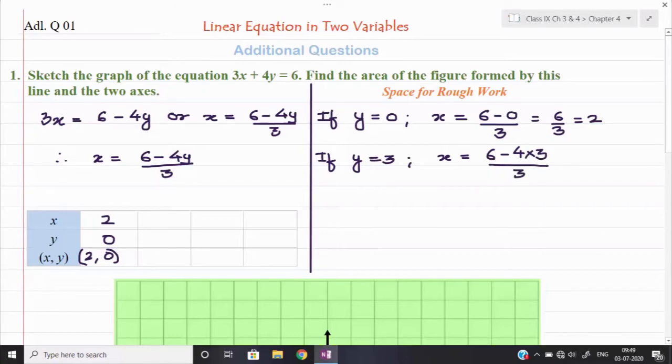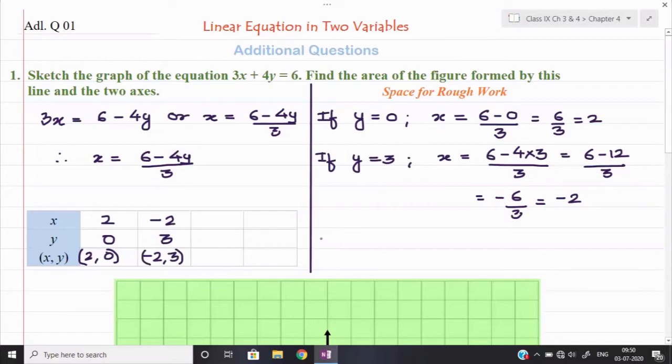Now 4 into 3 becomes 12, so this is 6 minus 12 whole divided by 3. 6 minus 12 is minus 6, and minus 6 divided by 3 is minus 2. So the value of x is minus 2 and the value of y is 3. Our coordinate will be minus 2 comma 3.